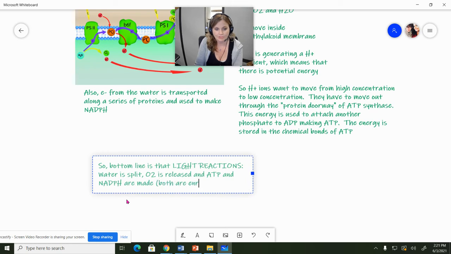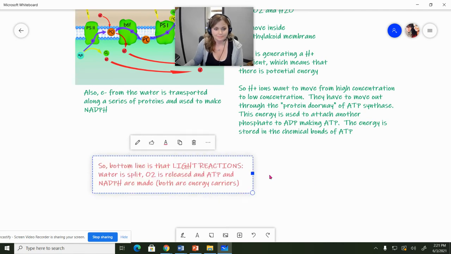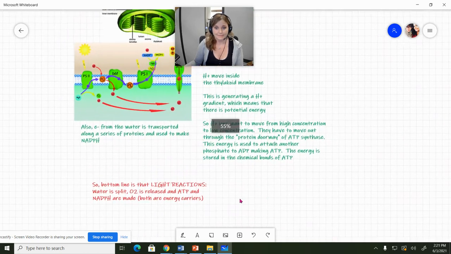Both are energy carriers. I'll make that a different color here. The end of our light reactions.